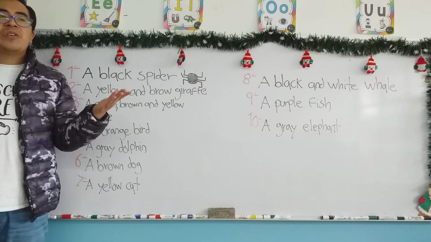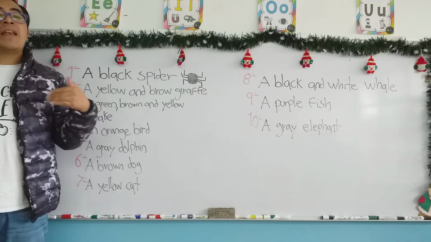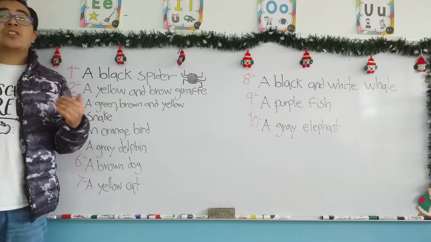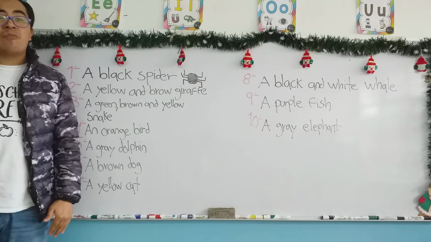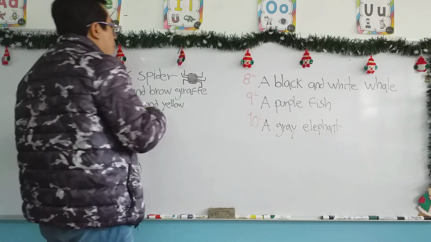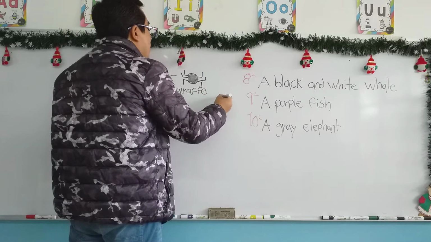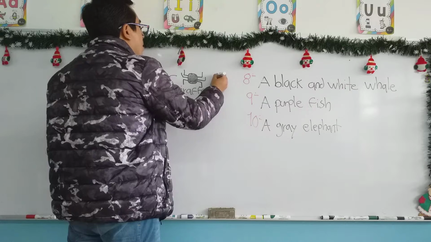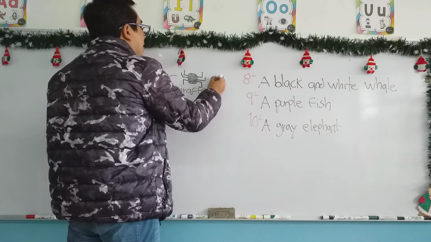Now, of course, we're talking about an animal of the zoo. Giraffe is one of the tallest animals in the world. In Spanish, giraffe. So first of all, the giraffe. Giraffes are tall because of the long neck.